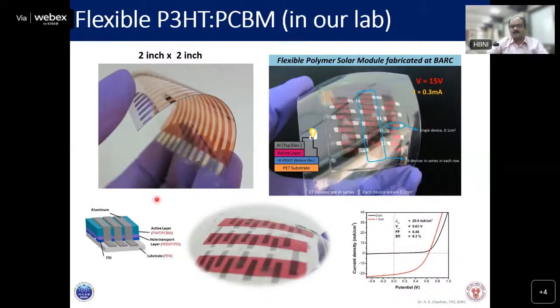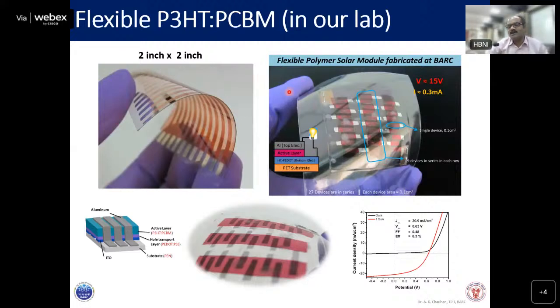This is just for showing the practical application, how a solar cell can be fabricated. The structure becomes like this. You have an aluminum top contact, you have a PET substrate, and above that PET substrate you have PEDOT:PSS as a contact and also a hole transport layer, and then above that the active layer.